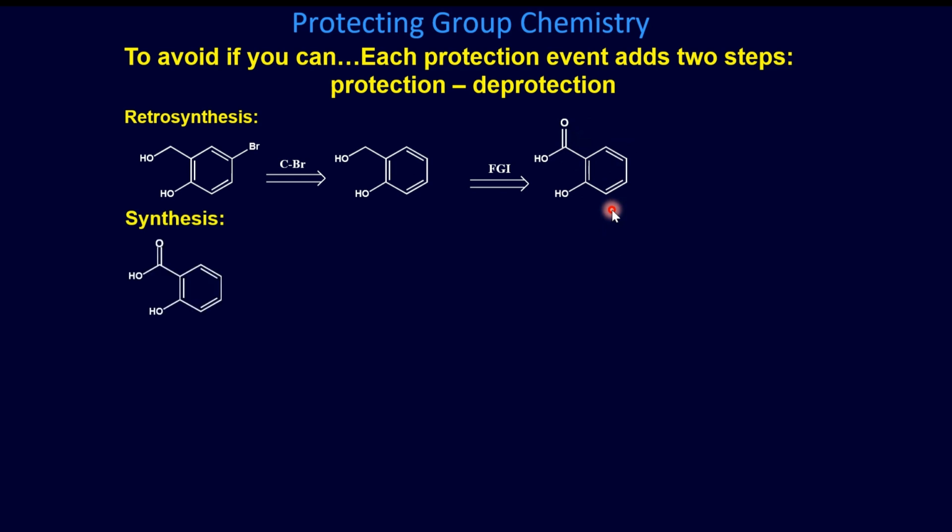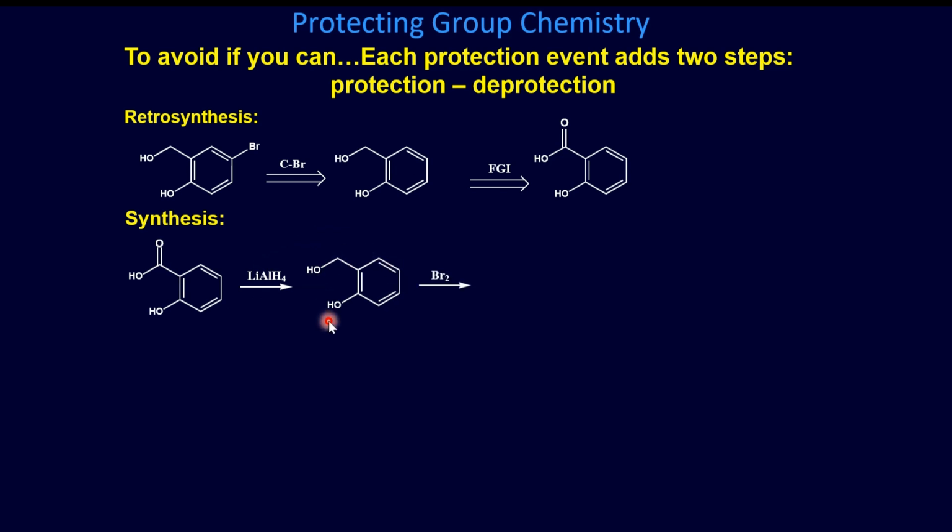When I carry out the synthesis, I'll take salicylic acid as the starting material and treat with lithium aluminum hydride. As we know, it is a good reducing agent, and the carbonyl group gets reduced to the corresponding alcohol group to give salicyl alcohol.